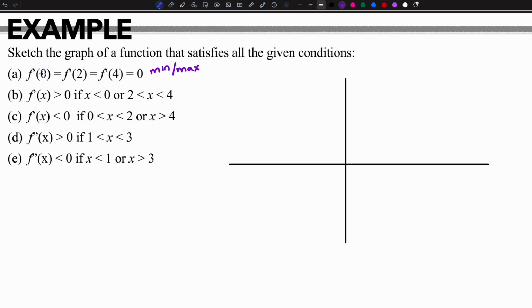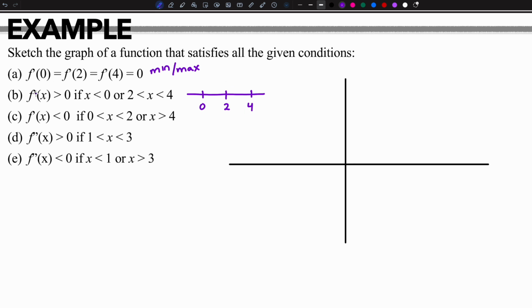So the derivative at 0 and the derivative at 2 and the derivative at 4 are all 0, which means it is either going to be a maximum or minimum. Now, based off of this, I have 0, I have 2, and I have 4.